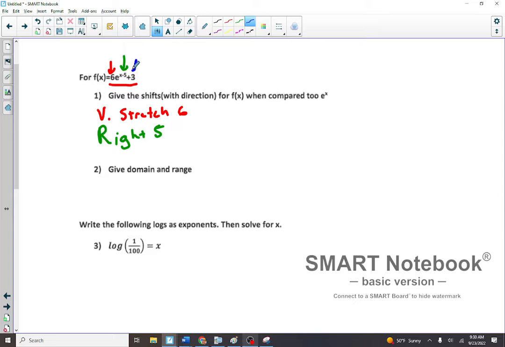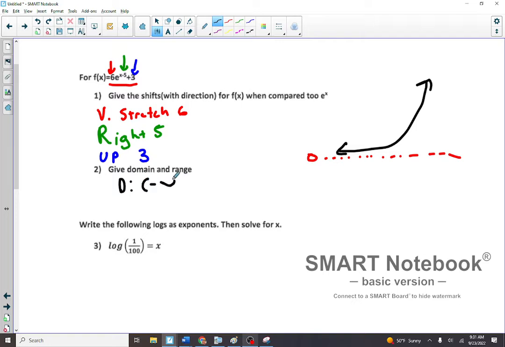And then over here, for the blue, the +3 will mean it will go up 3. Whatever value happens over here, I just add 3 to it, so every number gets artificially up 3. For the domain and range, remember, an exponential function looks like this, where it has a horizontal asymptote typically at line 0. But because this is shifted up 3, the domain is still all real numbers, aka soft bracket, negative infinity to infinity.